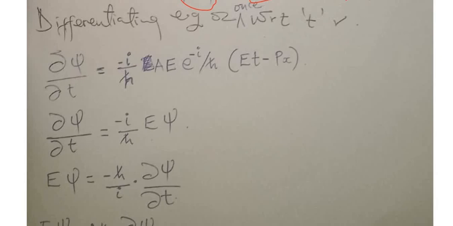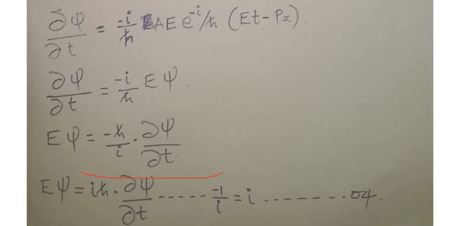Then delta psi all over delta t equals negative i all over h bar E multiplied by psi. E psi equals this, and we'll mark it as equation 4.